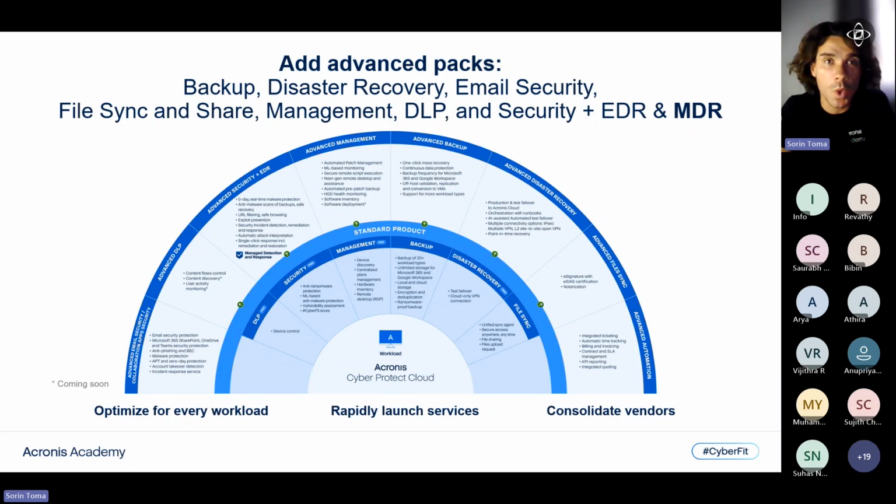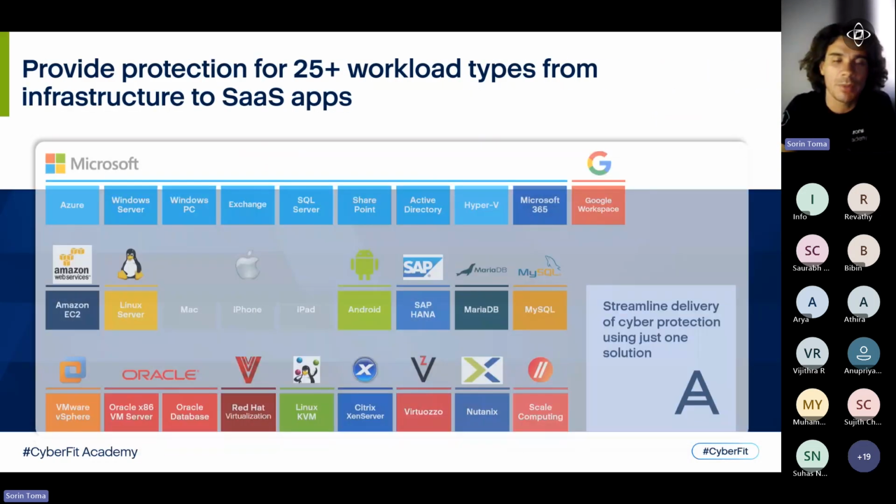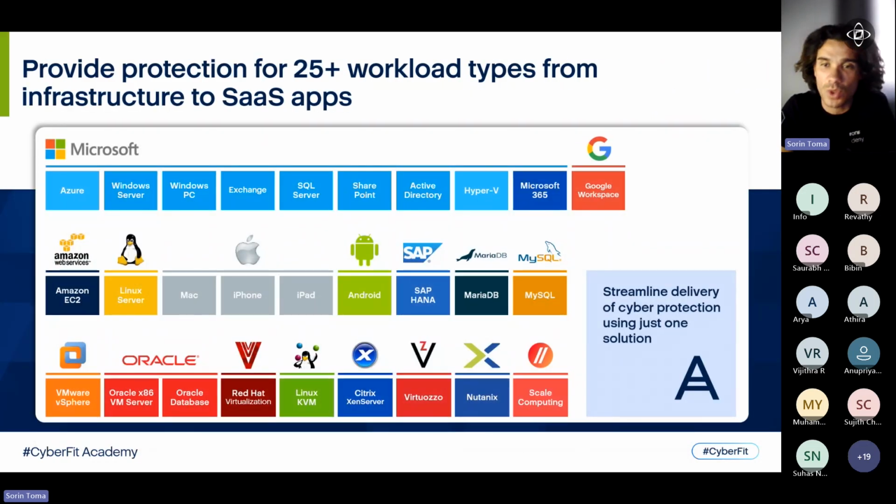Backup used to be the core business for Acronis for the past 22 years. In terms of what can be backed up, we support more than 25 workload types, from infrastructure to software as a service applications. For operating systems, we support backup for Windows, Linux, Mac OS.